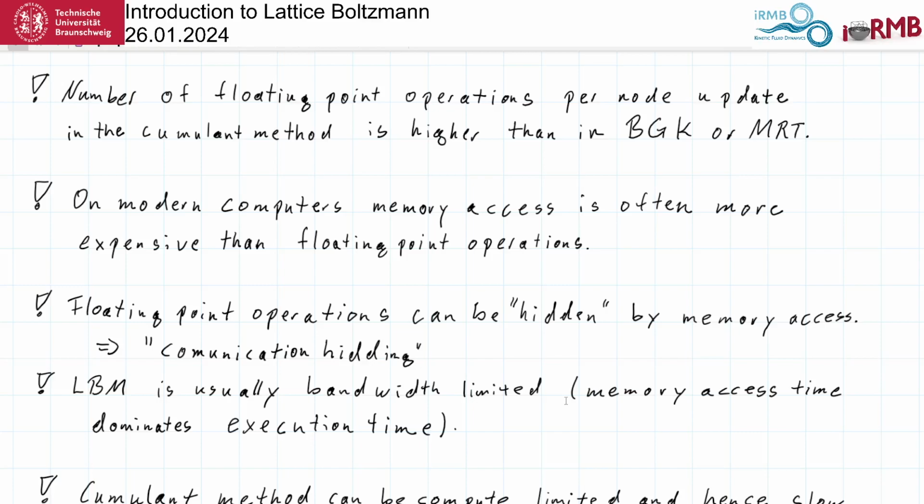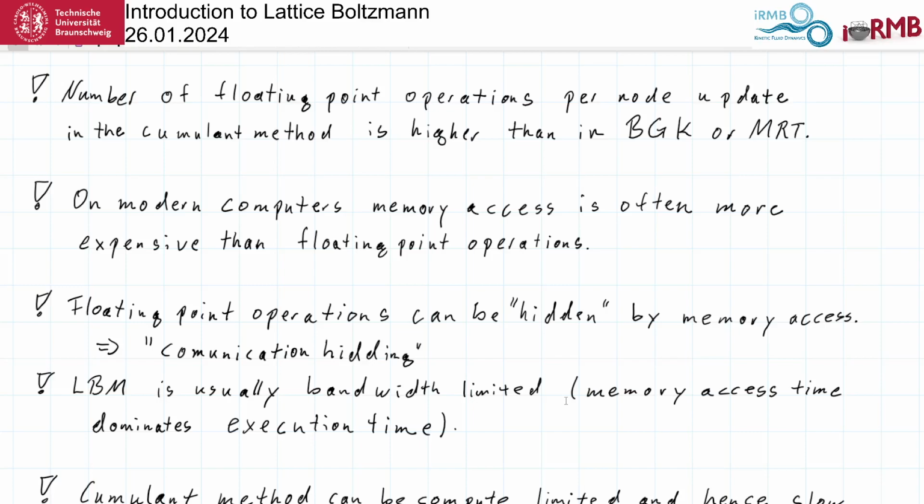This was before the invention of cache and pipelining and all this stuff. So nowadays, getting your data into your processor is the big problem. Processing the data is usually not a problem.